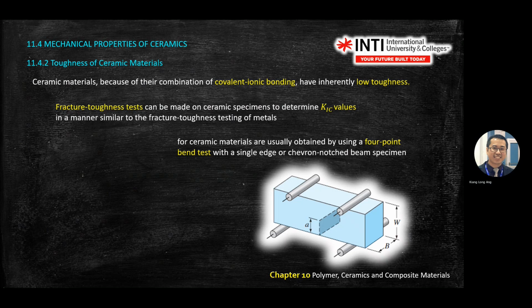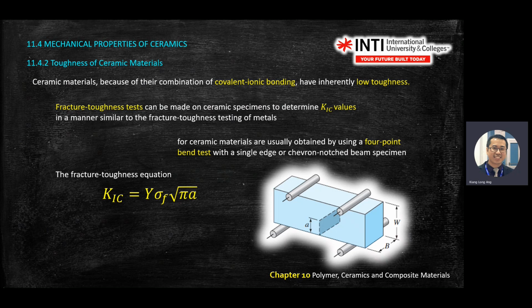The toughness equation is the same as you learned in your metals fracture test: KIC equals Y sigma square root of pi A. A here is the depth of the defect, or the hole.